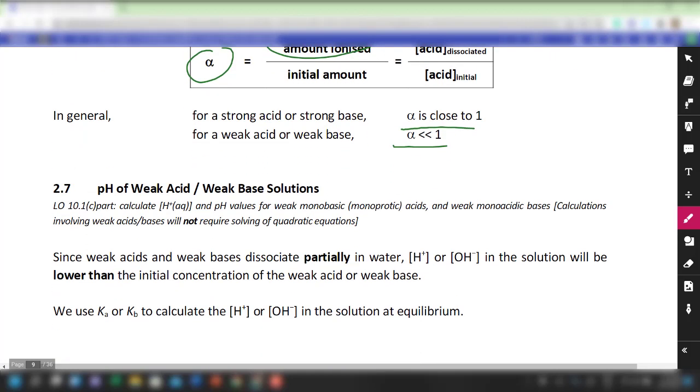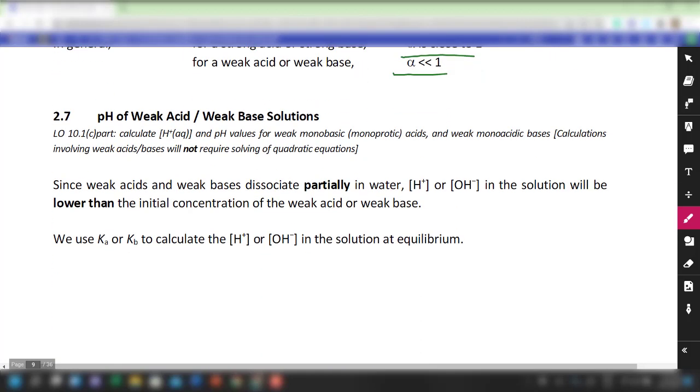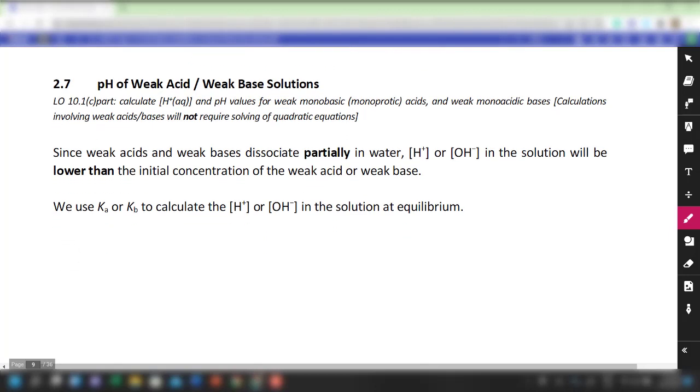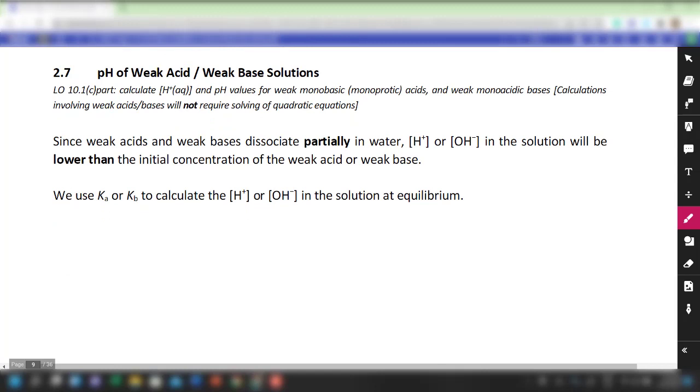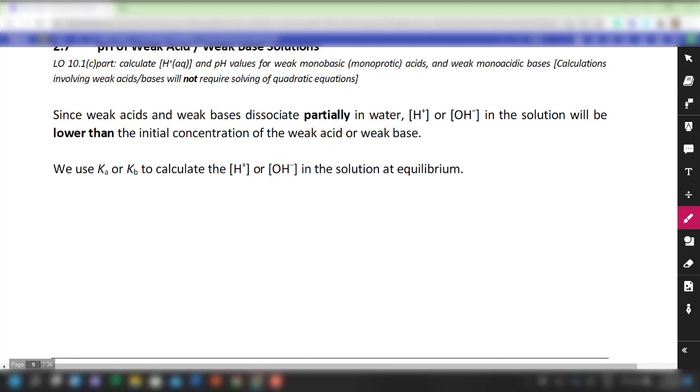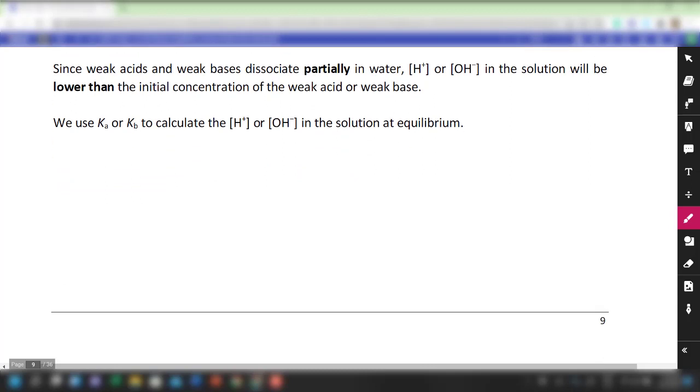Next, we are moving on to section 2.7, where we are going to calculate the pH of a weak acid or a weak base solution. Okay, so because they ionize or dissociate partially, the concentration of H plus and OH minus will be lower than the initial concentration of the solution.